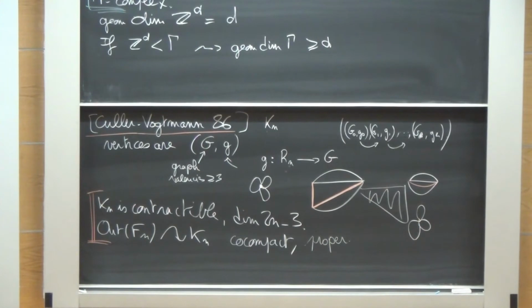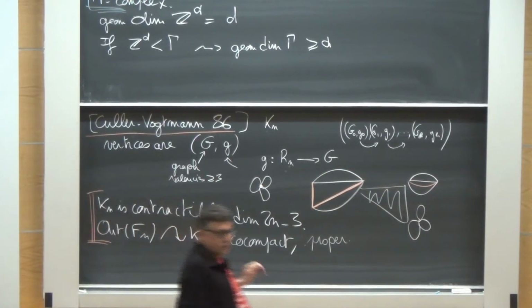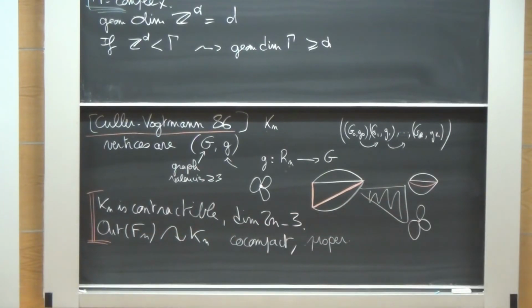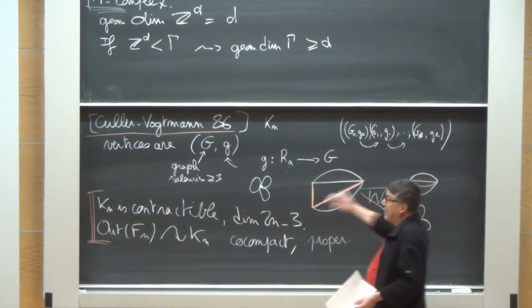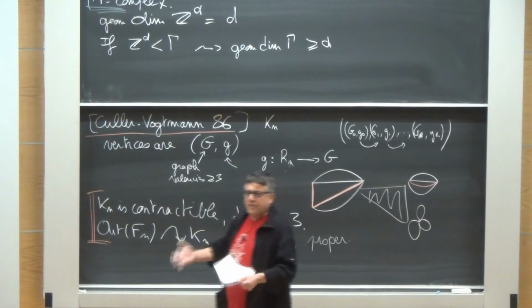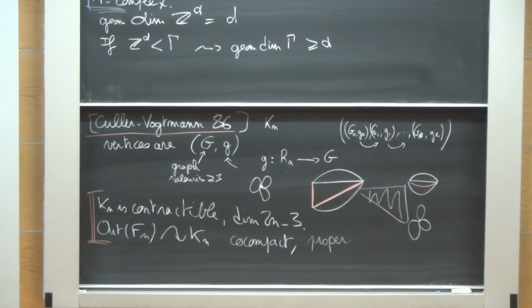So, let's make an agreement. Let's believe that Out(Fn) is torsion-free. Frankly, it's not an issue. Okay? What I tell you is true for finite index subgroups, and everything up to finite index is exactly that.